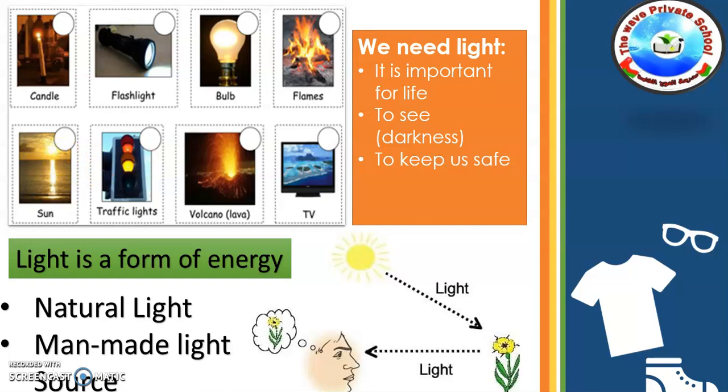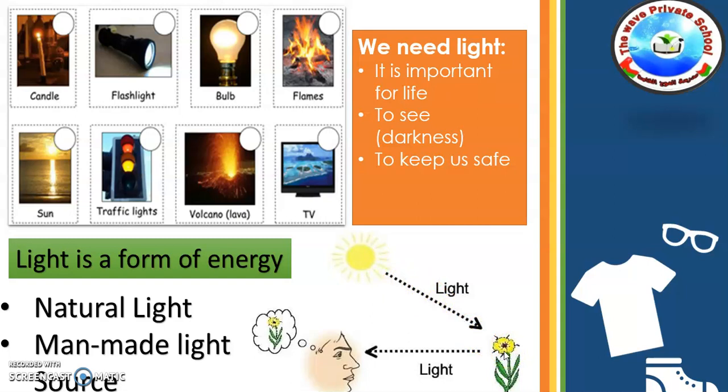Okay, so we talked also last time about how we see things. So I want you to go over this picture. We have here a person looking at the flower. How is the person able to see the flower? First, we need our light source. Here, the sun is our light source. Now, as you can see the arrows here, from our light source, it goes to our object, which is the flower.